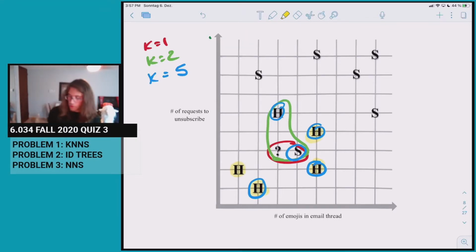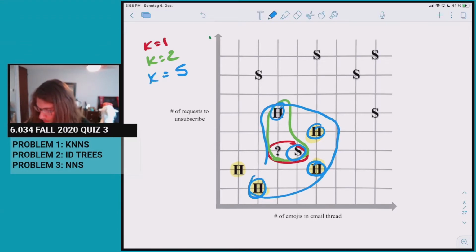So the choice of which of those are used as the nearest neighbors and which one isn't is a bit ambiguous. But what we do know is there are more nearest neighbors that are H for k equals 5 than for S because there's only one of them. Which means for k equals 5, this would be the surrounded area.